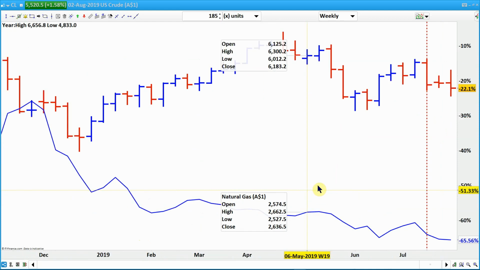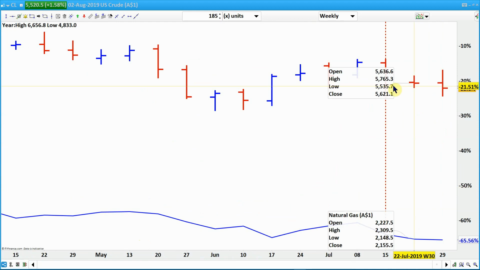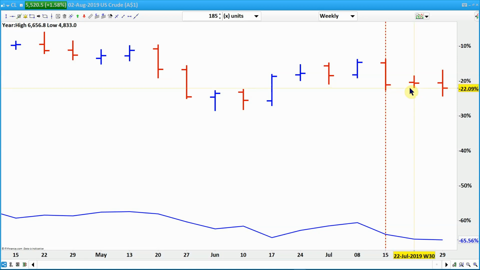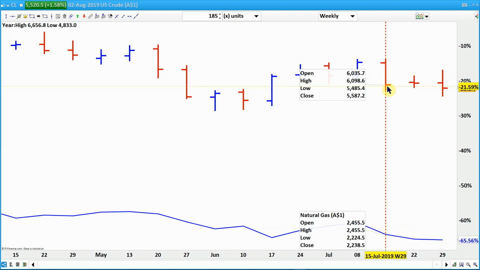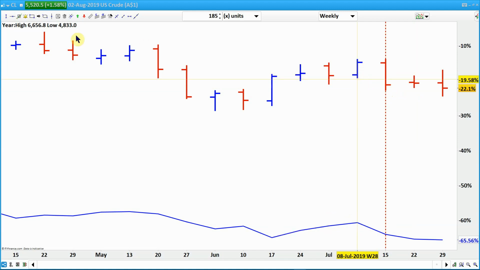The dotted vertical line stands for July 15 to July 22nd, which is 1 week before. Today is 4th of August. Last week and the week before, we had a bearish bar in crude oil, which closes below this bullish bar.